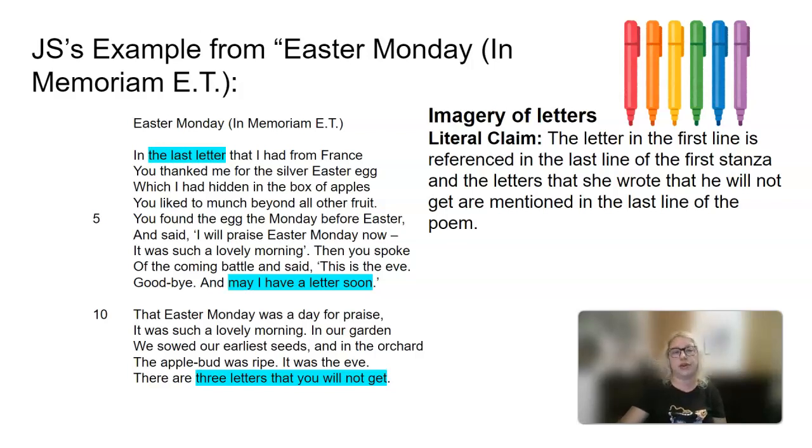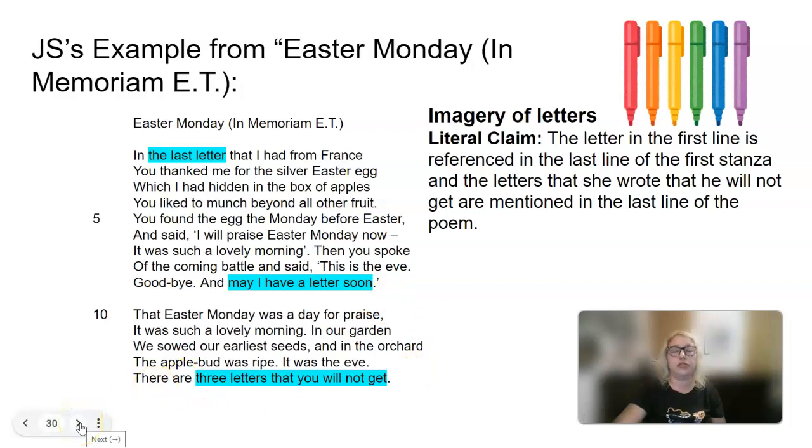In this case, it's referencing a pattern, right? Something that comes up 3 times and how that pattern changes. First, it's referenced as the last. Then he is referencing the letters he wants. And then the letters that he will not get, right? So it's interesting. It shows a pattern. It can't be argued against.